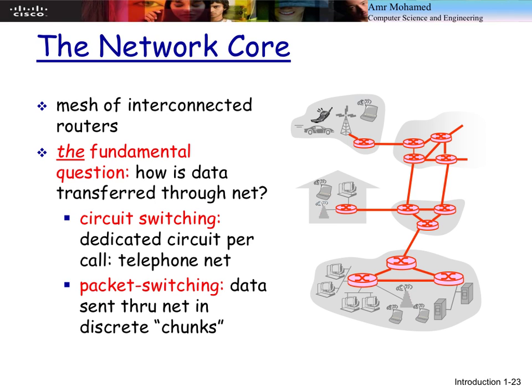What happens is that your call request is going through the core network, and the core network is trying to create or establish a circuit for your call end to end. So this is the first type, circuit switching. For packet switching, we don't have to establish any virtual circuit. We don't have to establish a circuit end to end, which means that if you want to send data, just send.